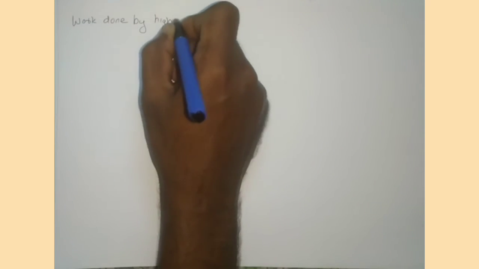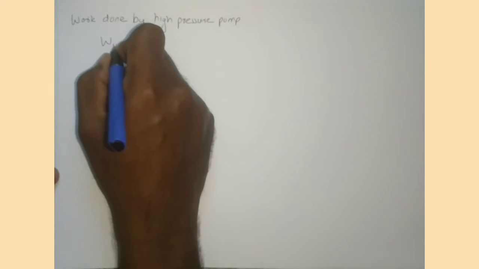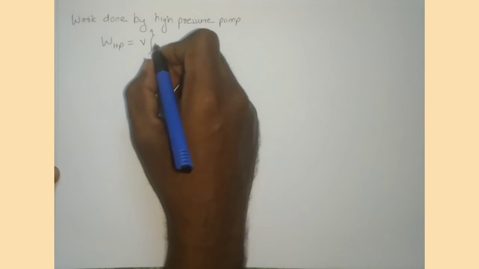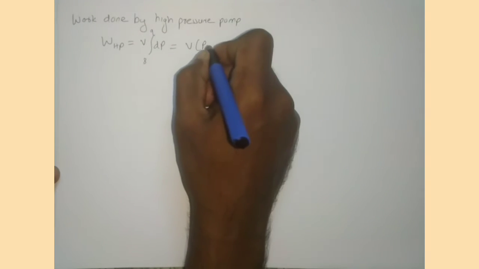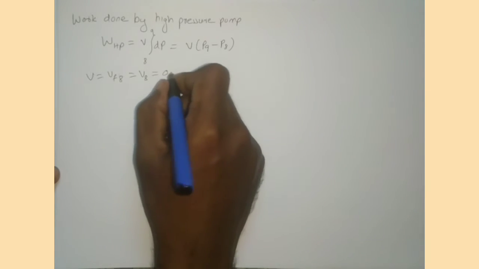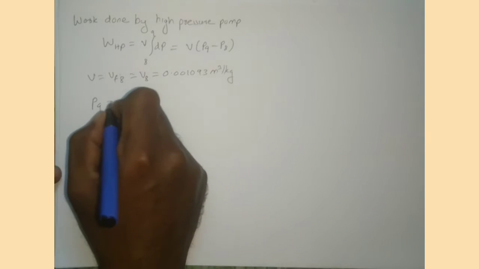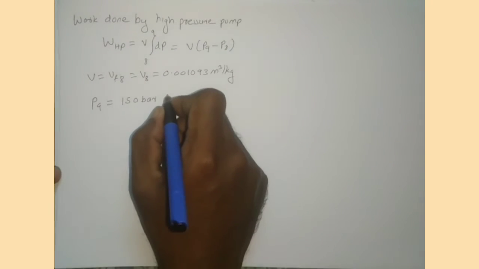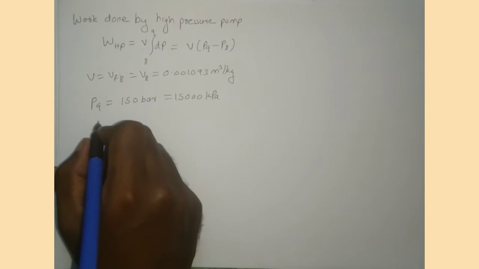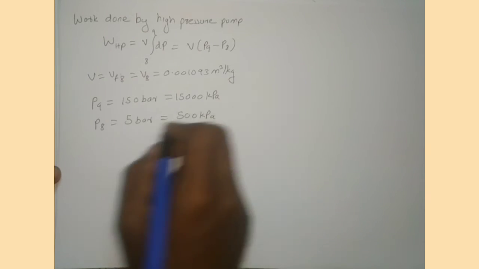Work done by high pressure pump, that is WHP equals V into integral 8 to 9 dP, that is V into P9 minus P8. V equals Vf8 equals V8 equals 0.001093 meter cube per kilogram, and P9 equals 150 bar, that is 15,000 kilopascal, and P8 equals 5 bar, that is 500 kilopascal.